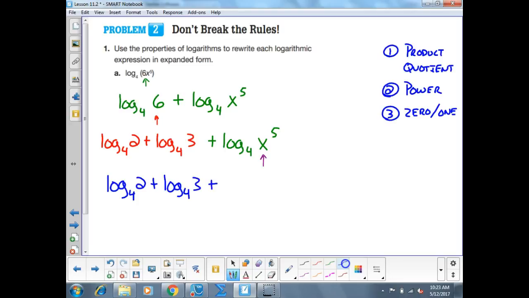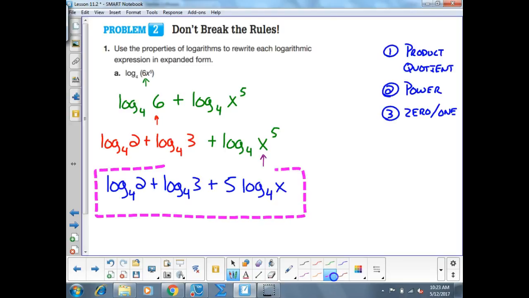I take that power and I do what with it? Put it out in front, right? So I put the 5 out in front and then I write what's left over: log base 4 of x.